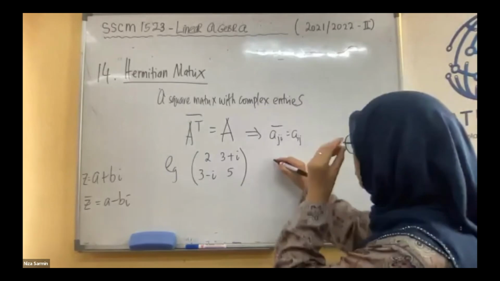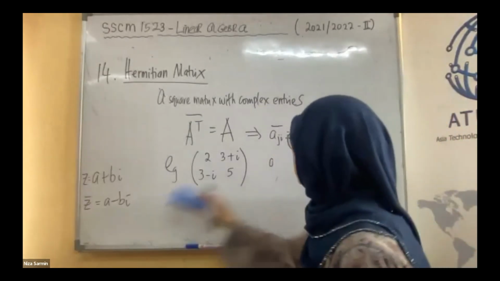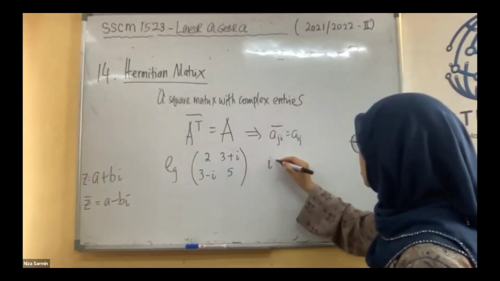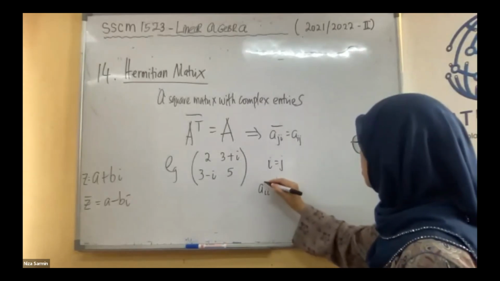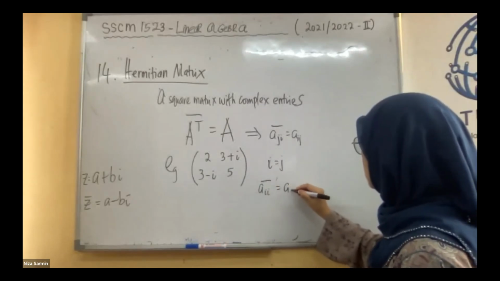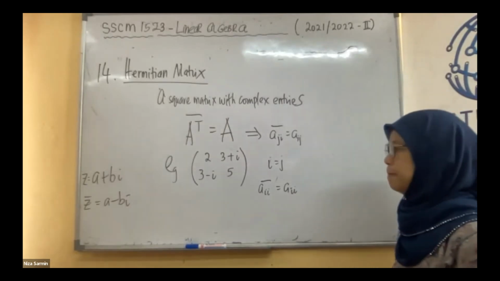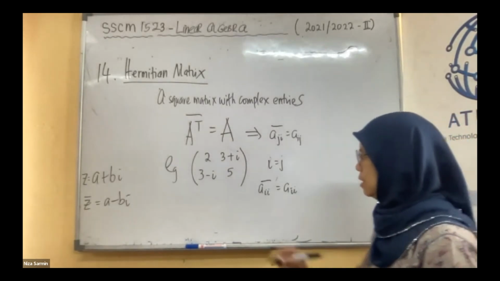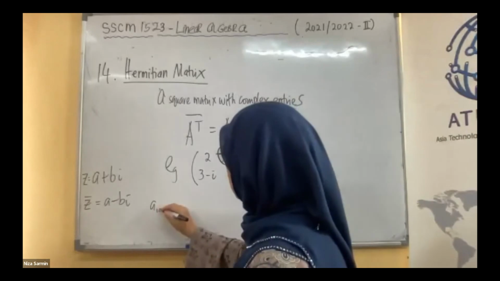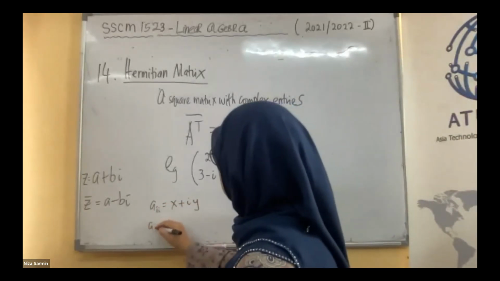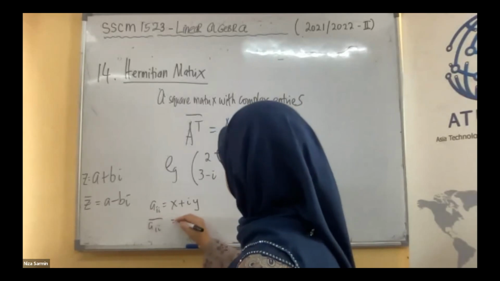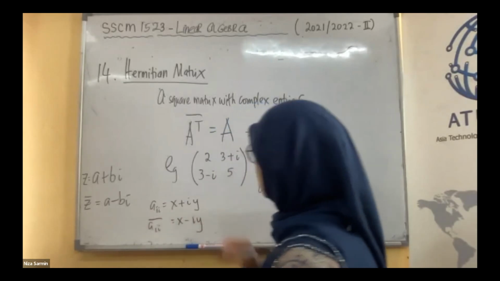So for i equals j, a_ii bar is a_ii. If a_ii is x plus iy, a_ii bar is x minus iy.